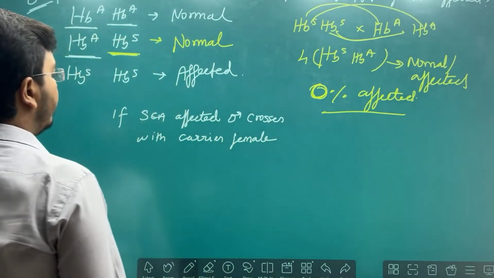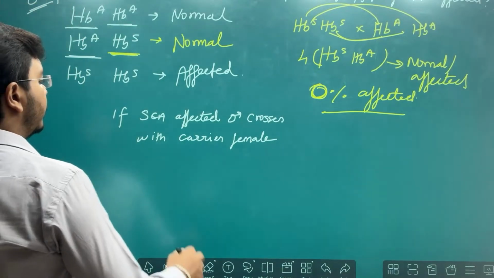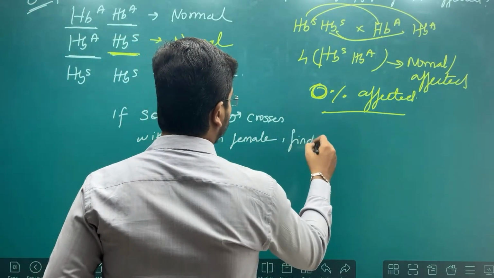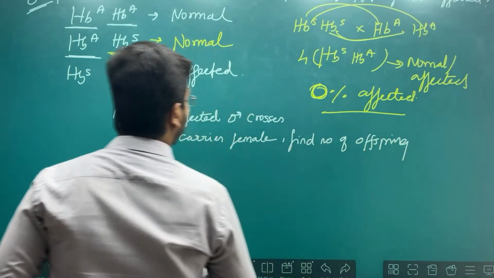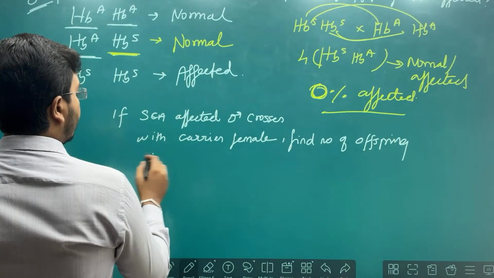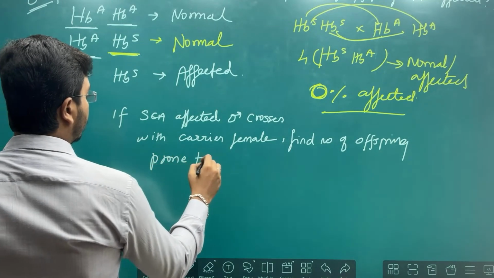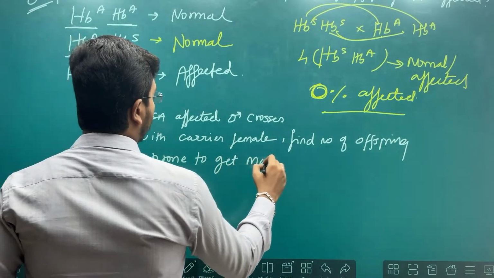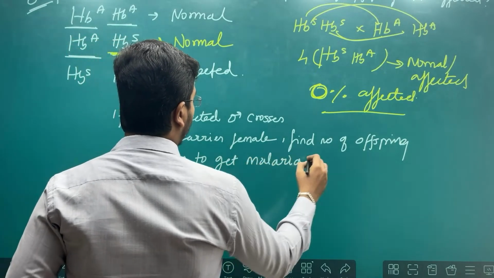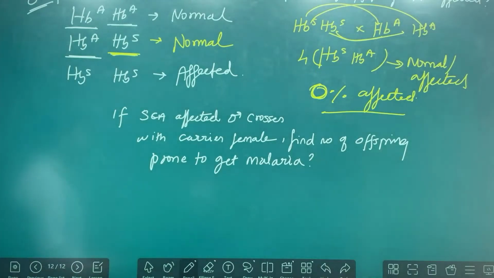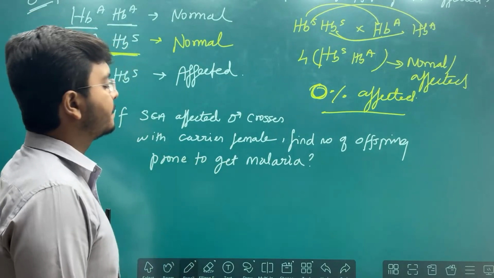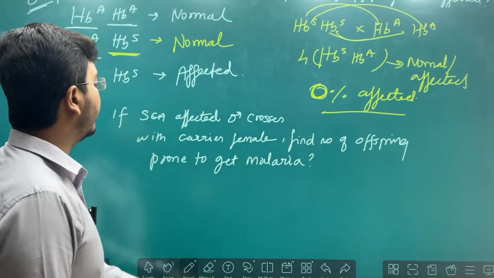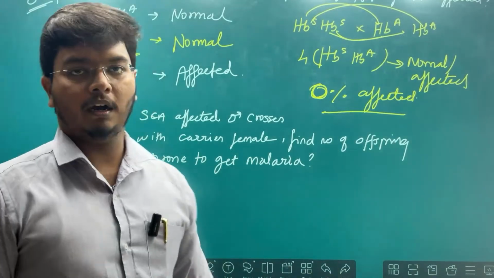If a sickle cell anemia affected male crosses with a carrier female, find the number of offspring prone to get malaria.